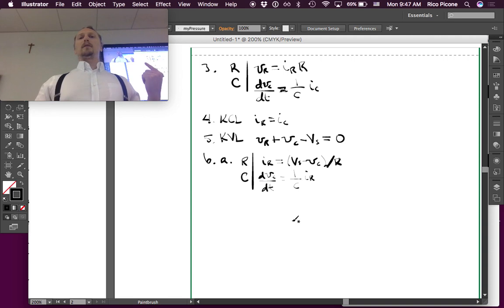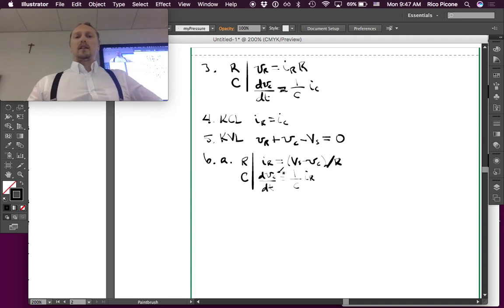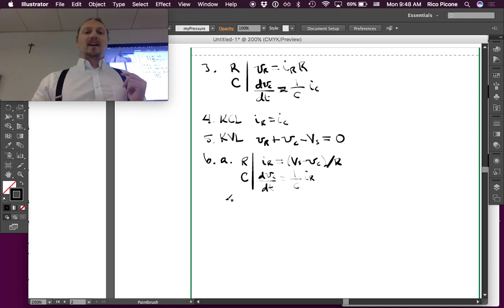So I'm left with VC, which I don't want to eliminate because there's a time derivative of VC, and IR, which I do want to eliminate. Conveniently, in this case, I can simply plug IR into IR in this expression and use elimination. It's not guaranteed that you're going to be able to use elimination.